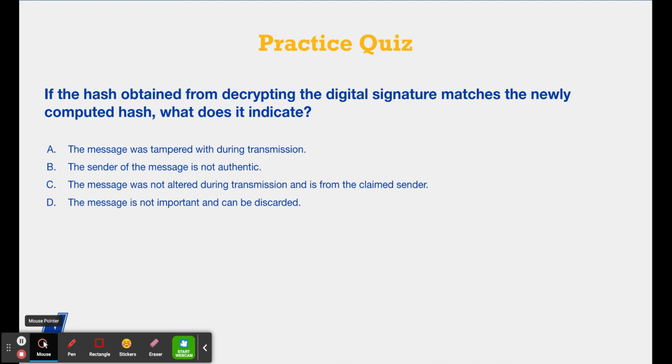If a hash obtained from decrypting the digital signature matches the newly computed hash, this means that the integrity of the message is preserved, which means that the message was not altered during transmission, and that the message is authenticated, which means that the message is indeed from the claimed sender. And this is the primary function of a digital signature in the digital communication world.